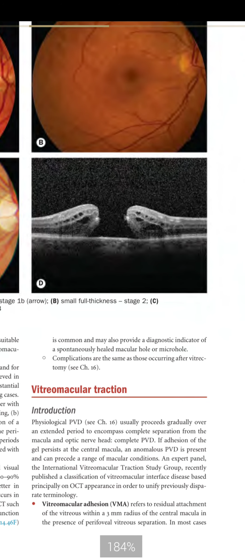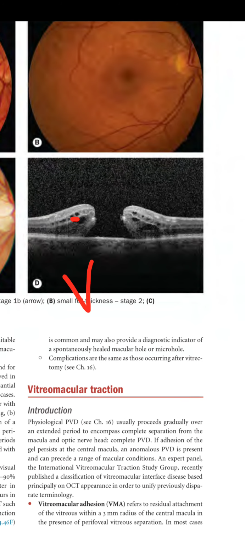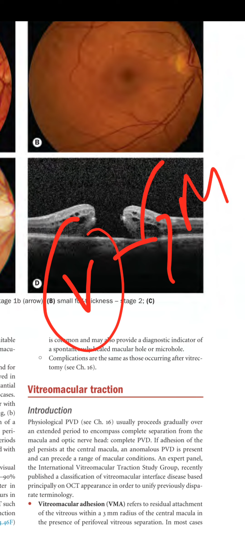So vitreomacular adhesion is just the connection between the vitreous and the macula. Vitreomacular adhesion refers to the residual attachment of the vitreous within a 3 mm radius of the central macula in the presence of a perifoveal vitreous separation.